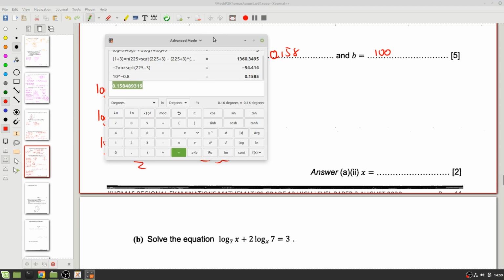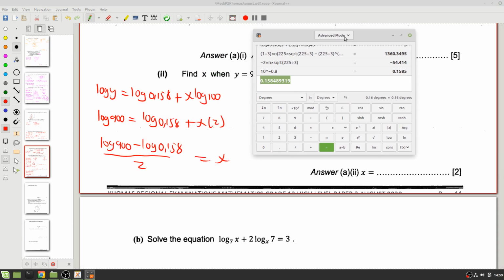So let's see what this gives us. Okay, so we've got log 900 minus log of 0.158, and that answer divided by 2 equals x.